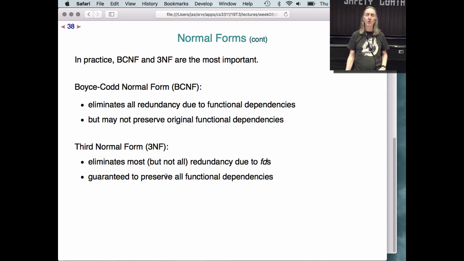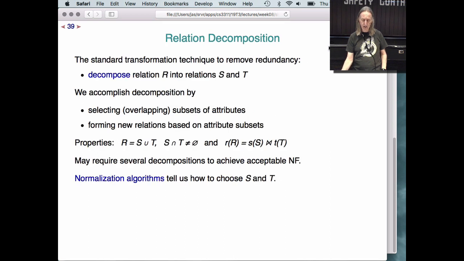In third normal form, you guarantee that all of the functional dependencies in the original system will still apply to the restructured system, but you haven't necessarily eliminated all of the redundancy.